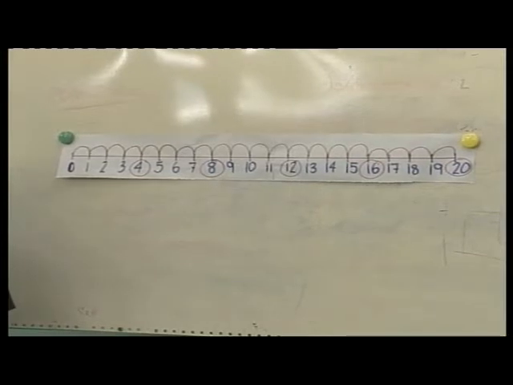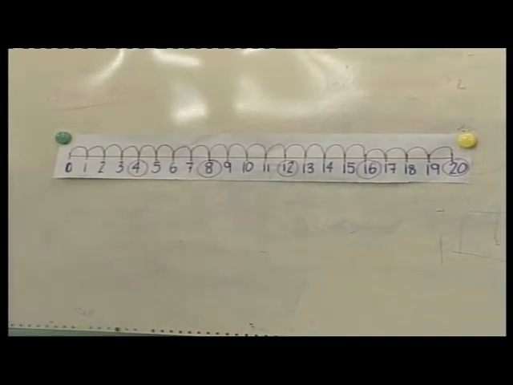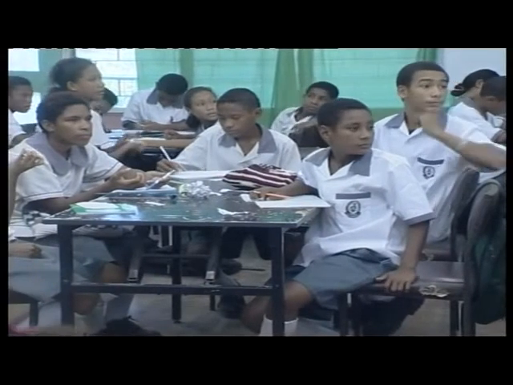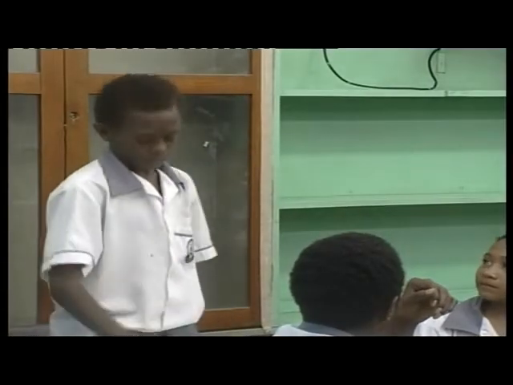Can you tell me they are multiples of which number? 4, 8, 12, 16, 20. They are multiples of which whole number? Emmanuel? 4. Okay, very good. They are multiples of 4. Do you agree? They are multiples of 4.